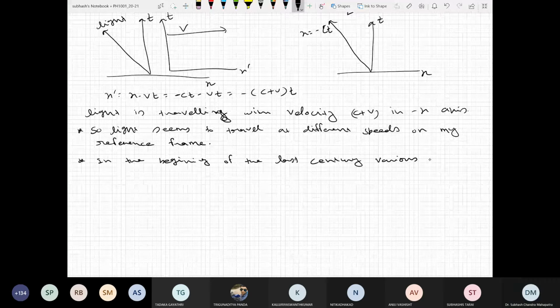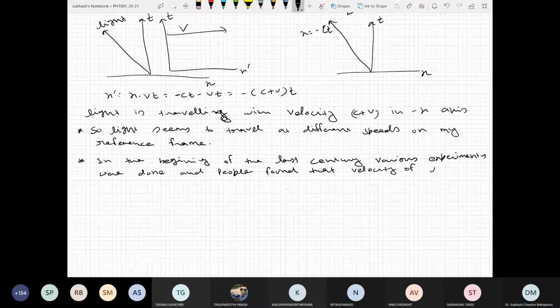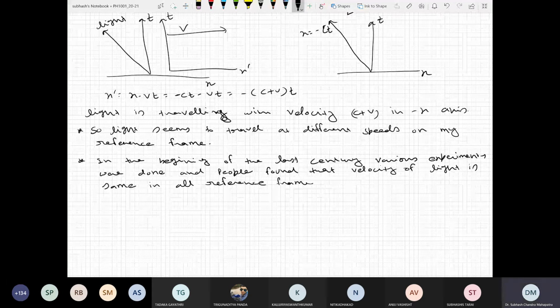In all those experiments people found that the velocity of light is the same in all coordinate systems, in all reference frames.